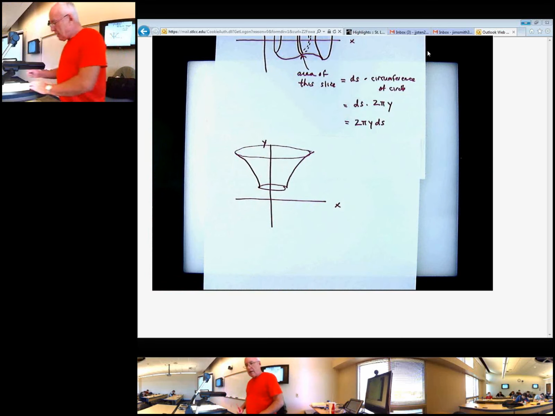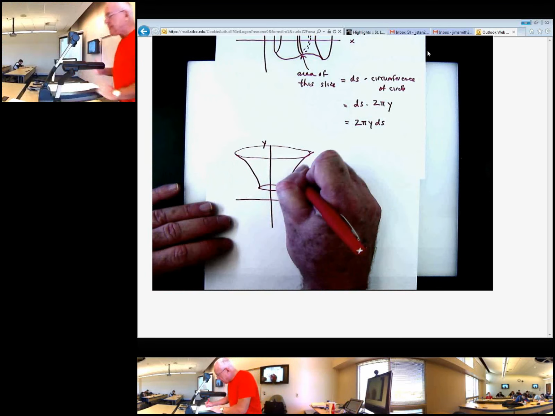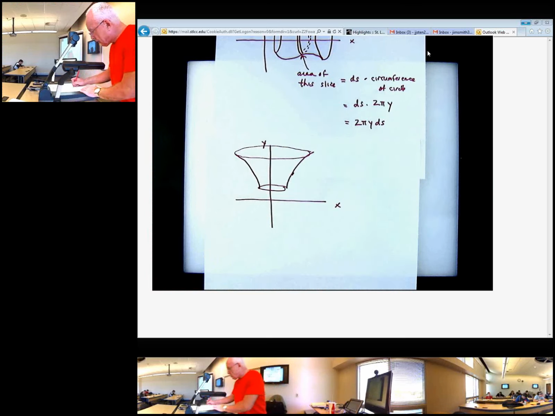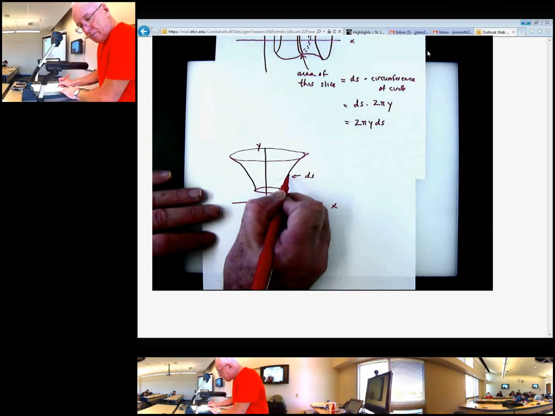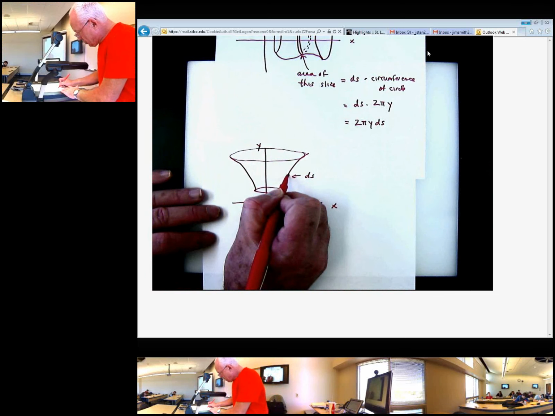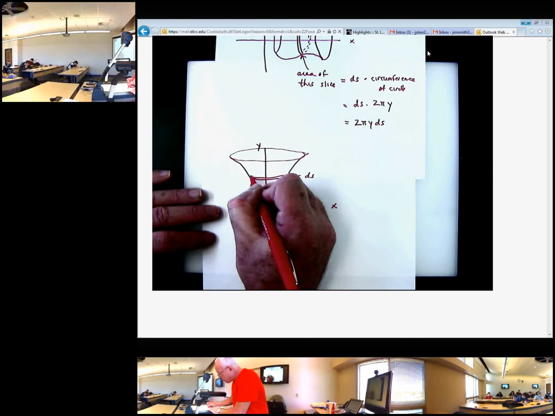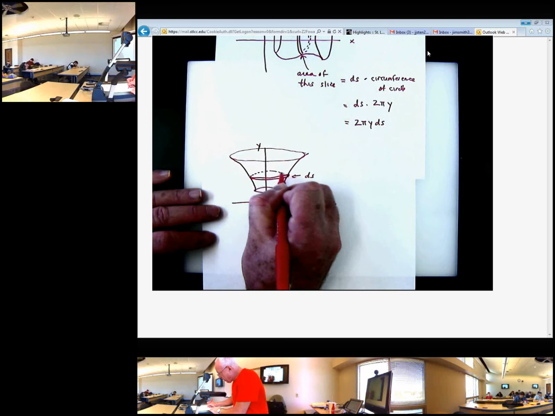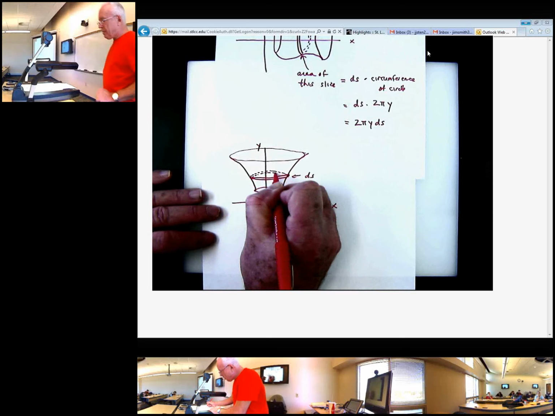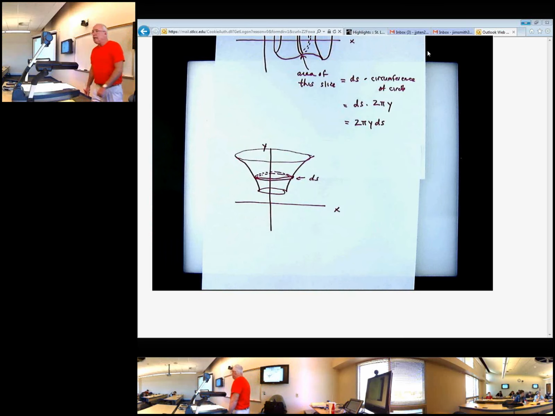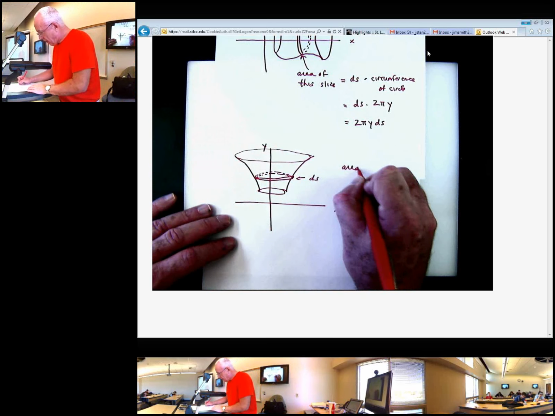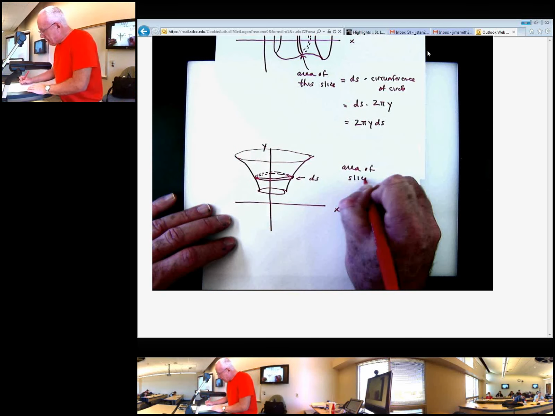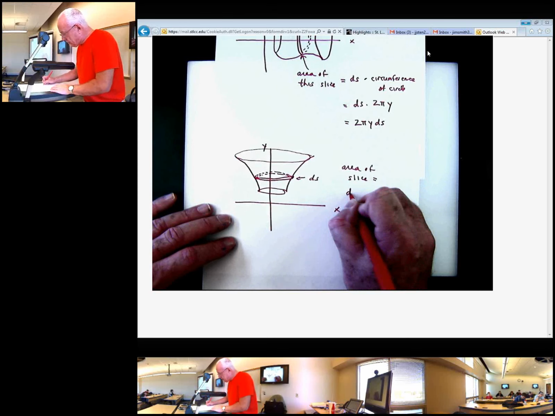All right. Now again, I want to take a little slice of that curve. Again, that's going to be our ds. And we're going to have this slice going around here, and then it's also going to circle around in the back. And again, the area of that slice is going to equal ds times the circumference of the circle.